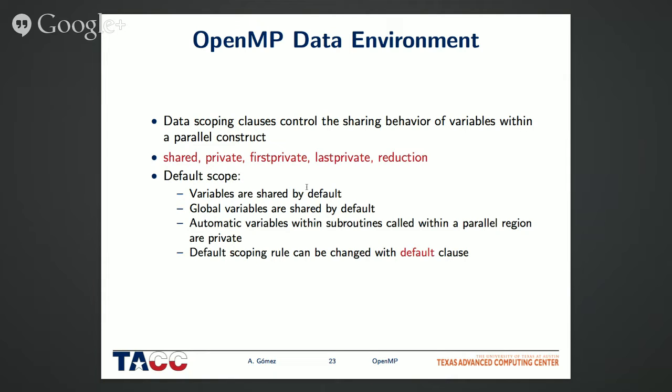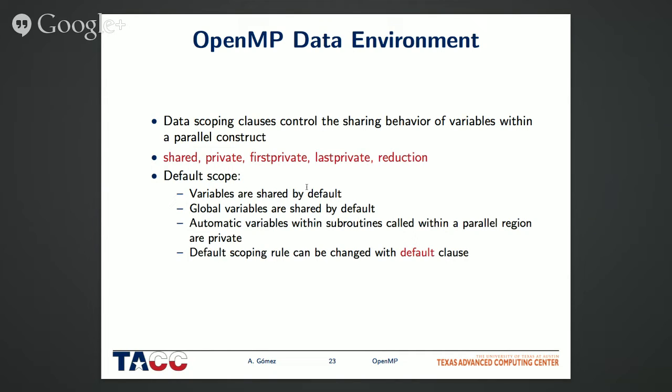By default, the variables that have been already defined are shared. And this is one of the few things that the OpenMP standard defines, okay? So if at the beginning of your code you define an integer, that integer is going to be shared by all the threads that are created after that definition. So you have to be really careful with that.